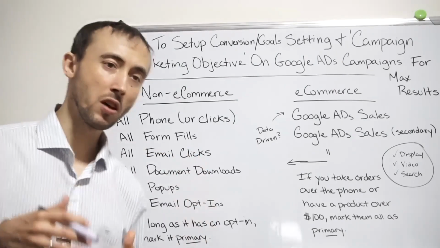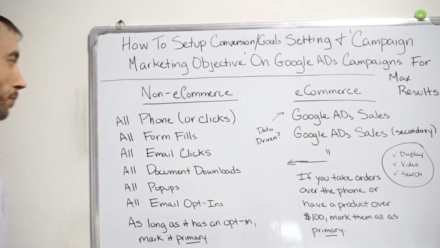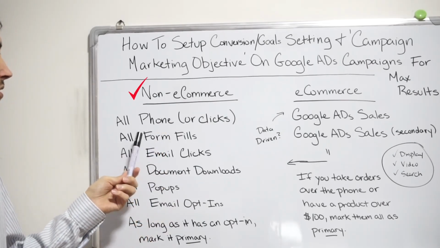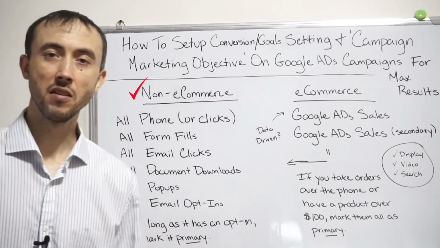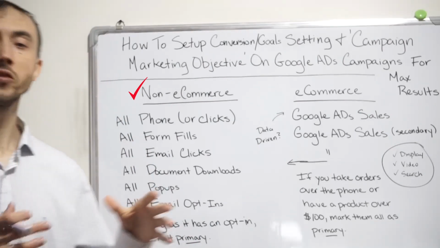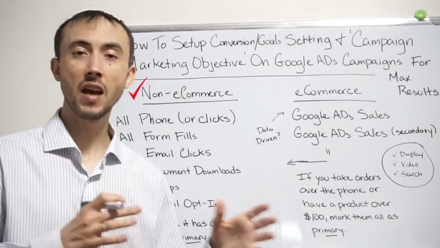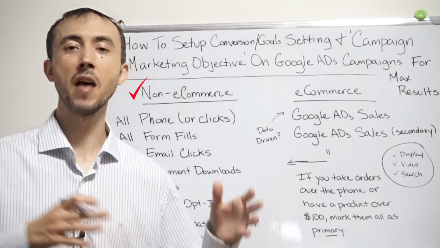You get the lead, then you try to sell the lead, then you send them a contract or whatever to sign. If you're generating leads, non-e-commerce, you're going to want to track as much stuff as you can. Why? Because the more stuff you get tracked, the more data you're going to give to Google's ad algorithm to get you results with and through that data.